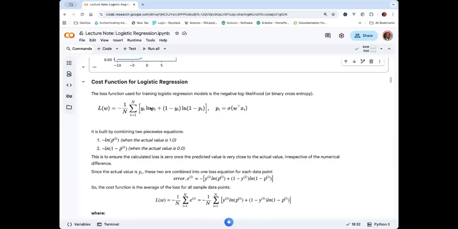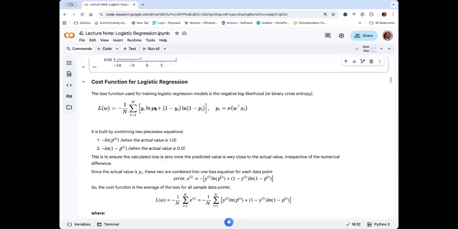And remember that the highest probability is going to be 1 and the lowest probability is going to be 0. So the log of 1, which is the highest probability, is 0. And the log of 0, the lowest probability, is minus infinity. So that's a very high negative number.